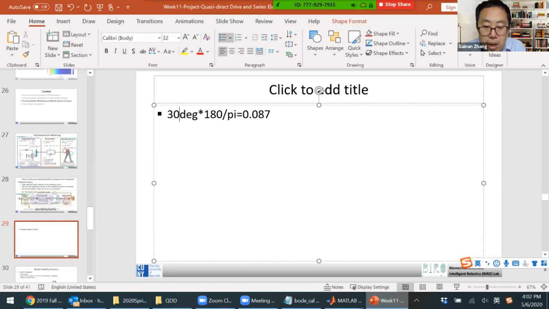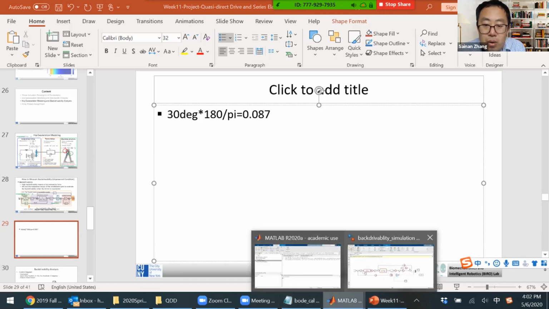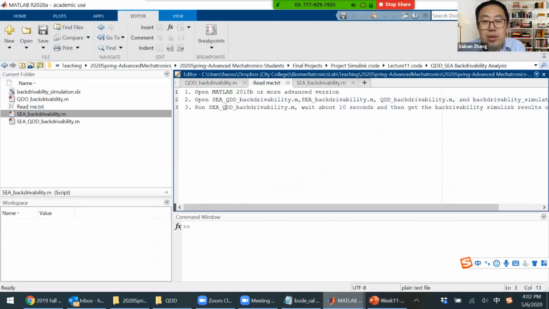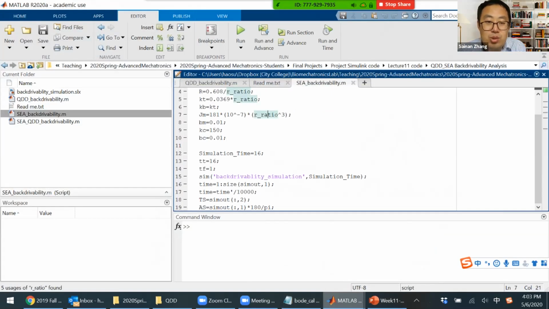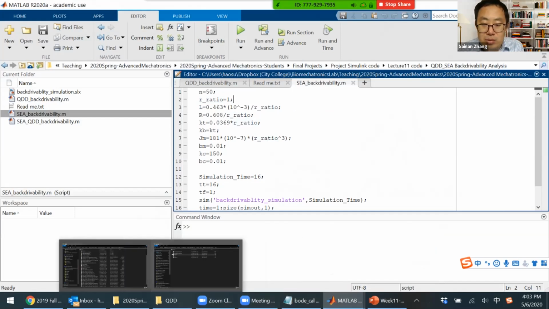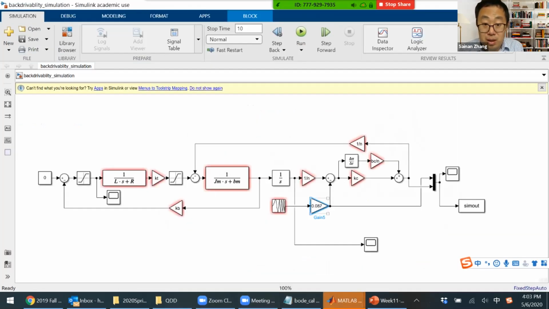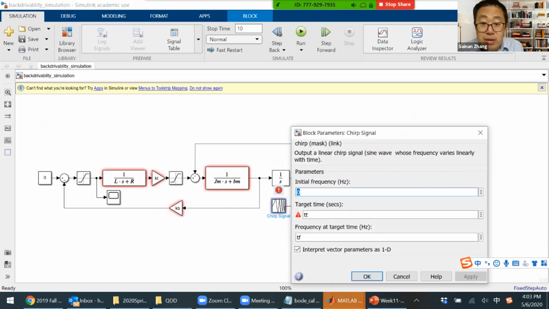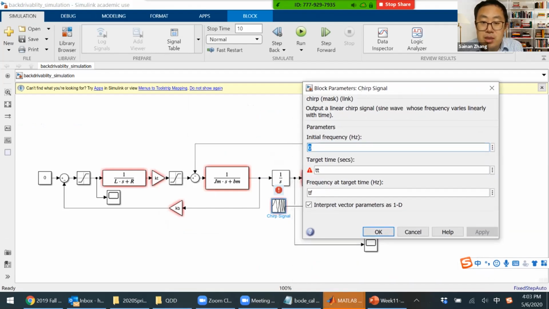So if we go back to the code, honestly, I don't want to go over the code with you. You should read this. If I go over all the code, I tell you everything. So it's better you go over this. For example, in the chirp signal, the initial frequency is 0, and the frequency target time is TF.